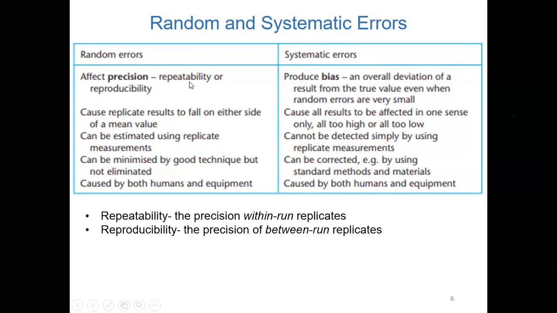Okay, I told you that repeatability and reproducibility are two terms. They are not the same. See, what is the difference? Repeatability means the precision within run replicates. What does that mean? Suppose you are doing a titration.